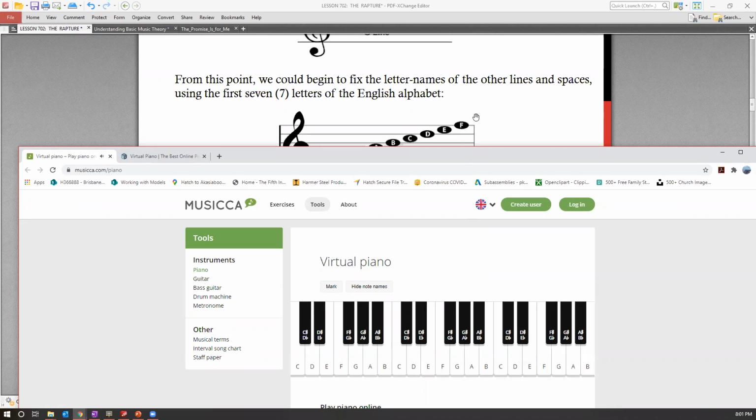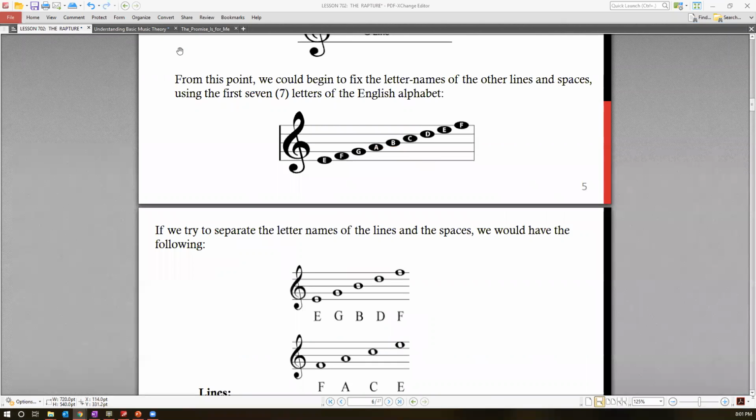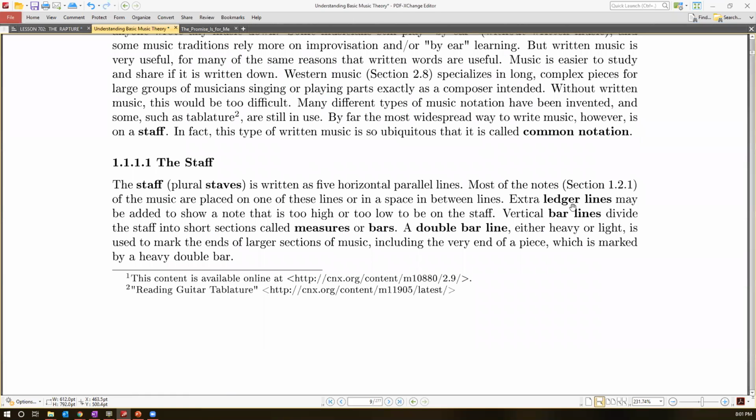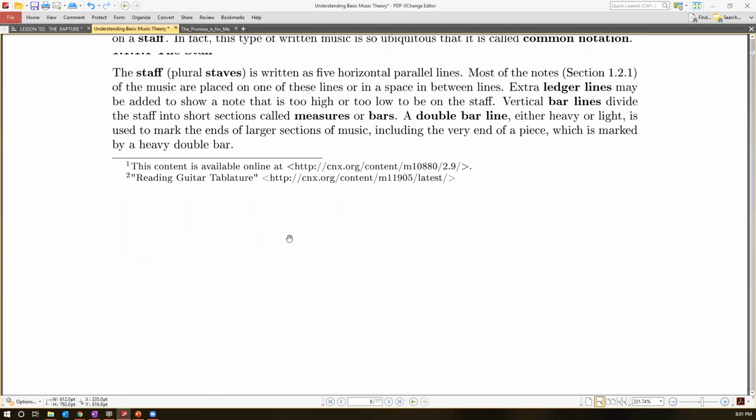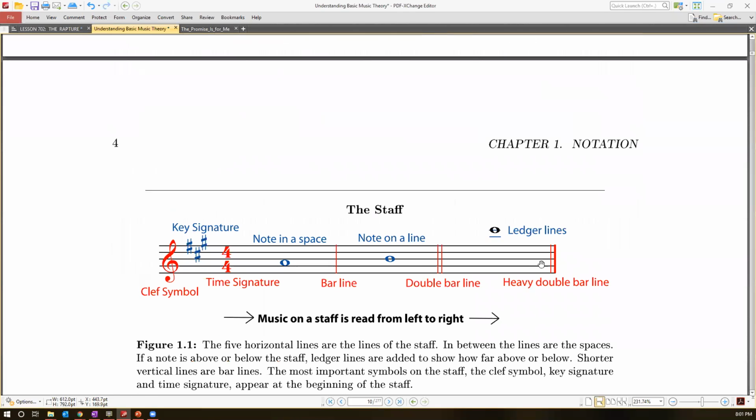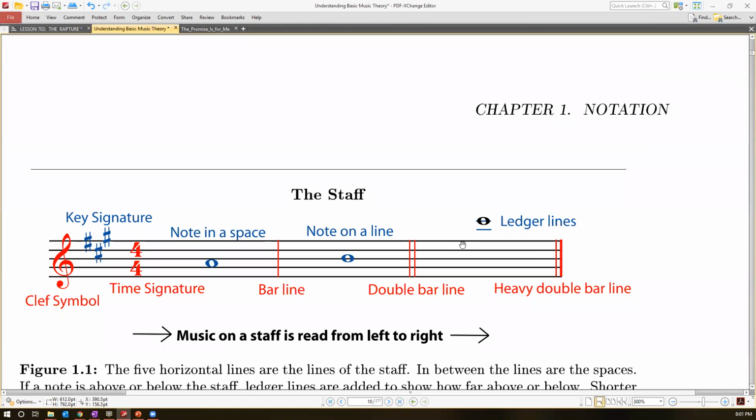Normally the way to represent it on this staff is to have a ledger line. This is what we call a ledger line. So we noticed that we had a C here, a D, E, F, and then G was here, and then A and B and C.